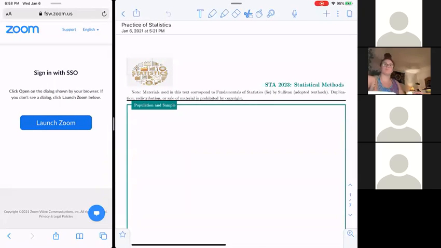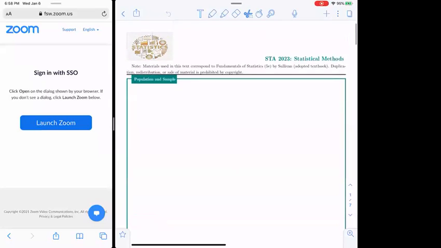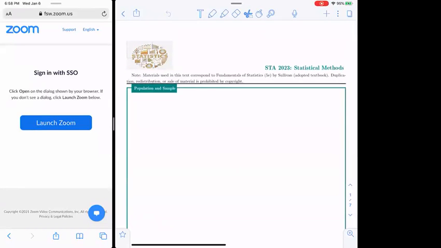And the simplest ones are population and a sample. Then we have a parameter and a statistic. So let me just explain what a population and a sample are.